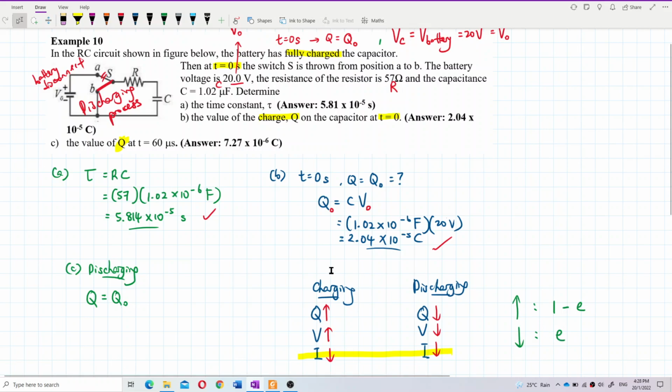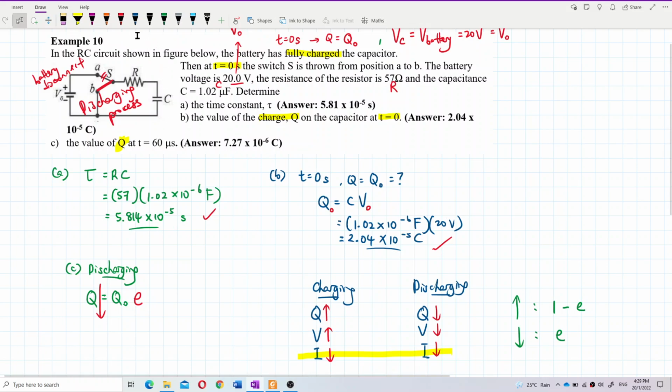For the discharging process, the charge always decreases. So charge decreases, that means I'm going to use the exponent, epsilon, instead of 1 minus epsilon.